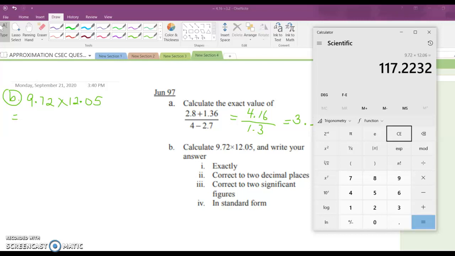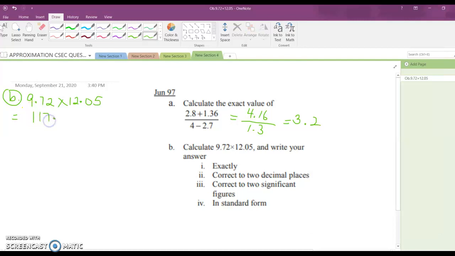Sorry, I put in the wrong number there. Let's just do that over. 9.72 multiply by 12.05. Right, so we get 117.126. Good. So part 1, they wanted the exact figure. So exact would be that value right there.